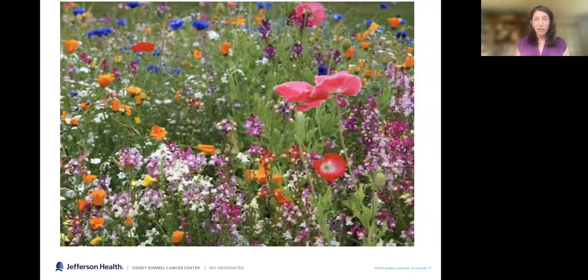And so, like I just showed you, a bone marrow is actually quite pretty, right? It's purple and pink, and it has all these different cells in it. And to me, it looks a little bit like this, a field of wildflowers. And so this is what you would expect in a normal bone marrow, all different cells, different ages, different colors.